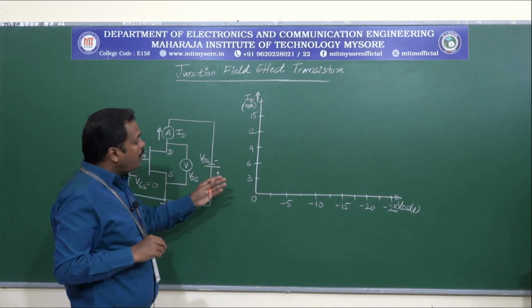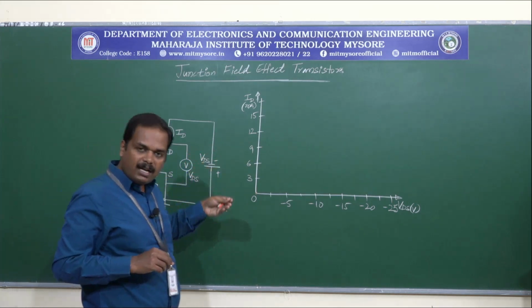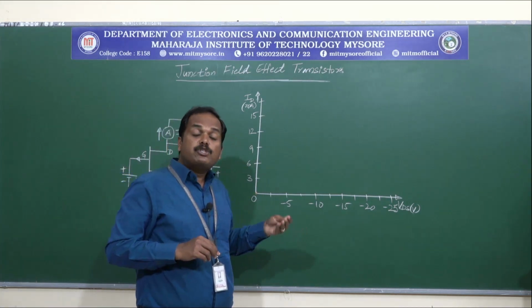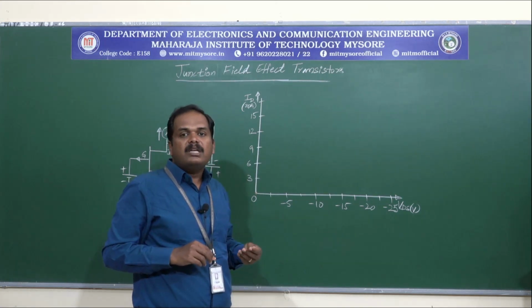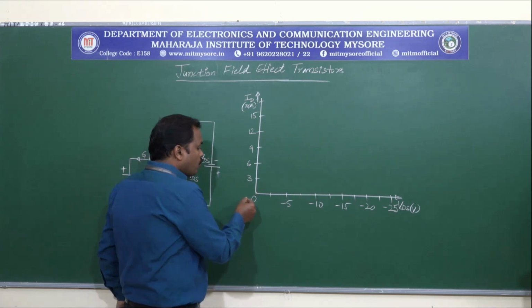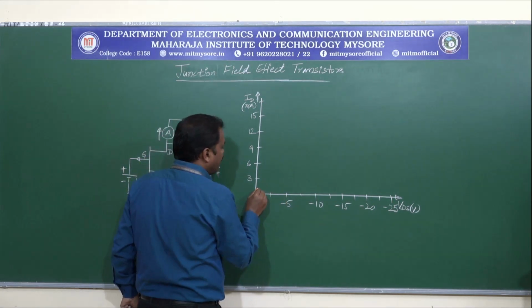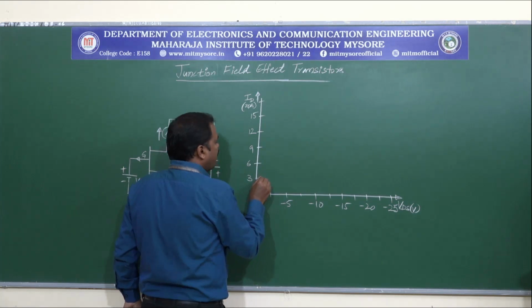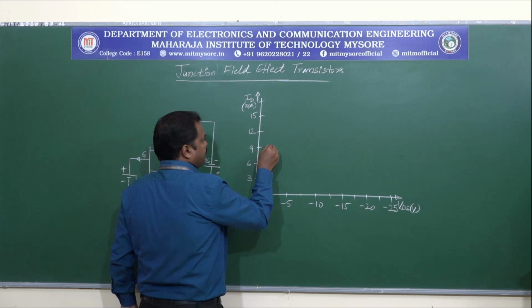And as we go on raising the VDS voltage, there will be an electric field induced in the channel which makes the charge carriers drift. That causes the current to flow. So as we go on increasing the VDS value, there will be an increase in drain current.